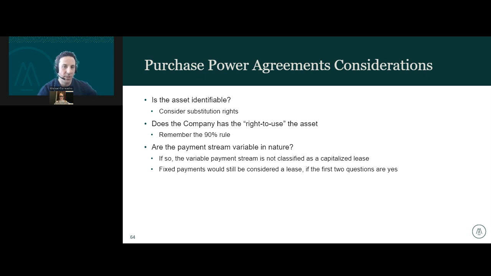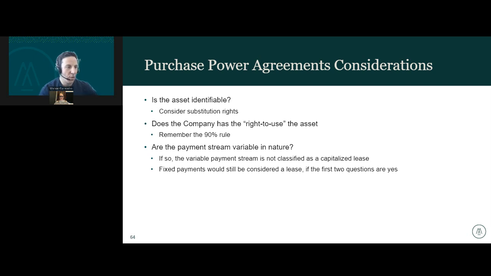And then power purchase agreements, same as the rest of the guidance. You have an asset and control that need to be considered. Remember the 90% rule, that is controlling substantially all of the economic benefit of the asset.